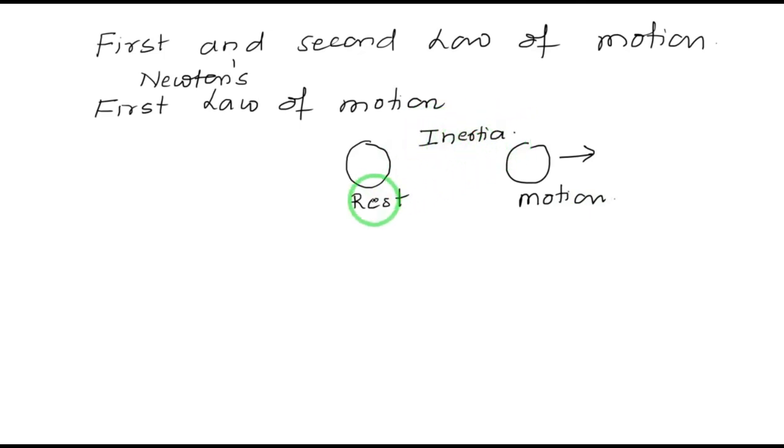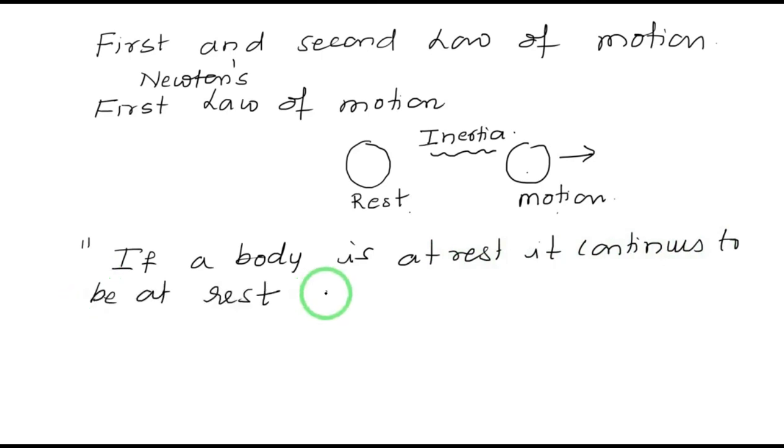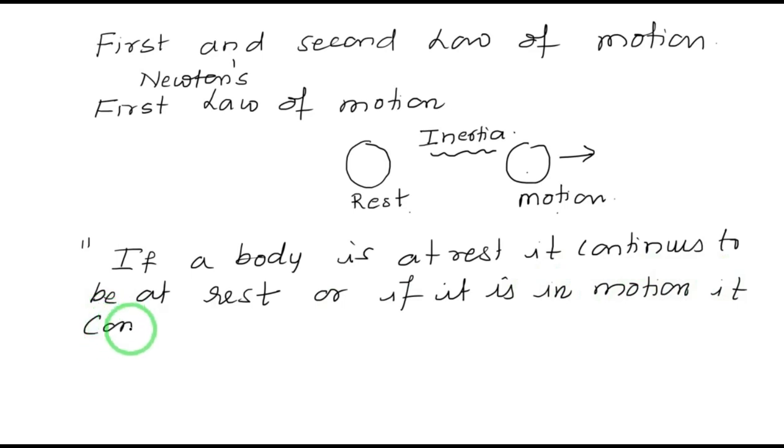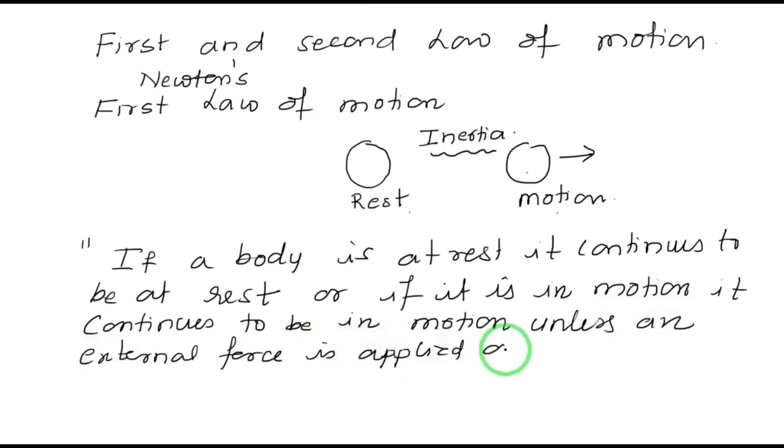And what is that inertia? If the body is at rest, it continues to be at rest. If the body is in motion, it continues to be in motion. And that property is called inertia. So Newton's first law tells us that if a body is at rest, it continues to be at rest, or if it is in motion, it continues to be in motion unless an external force is applied on it.